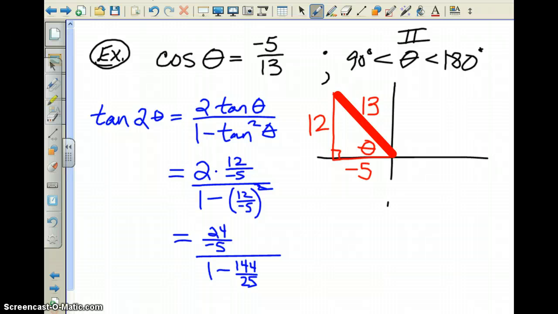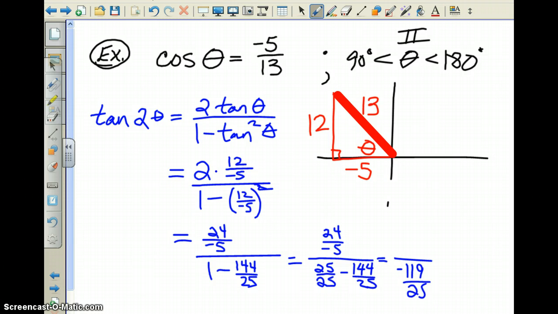So for that denominator, I will need a common denominator for 1 minus 144/25. So that's really going to be 25 over 25 minus 144 over 25. And now I can actually subtract these two fractions. 25 25ths, take away 144 25ths, will be negative 119 over 25. Over that, 24 over negative 5.